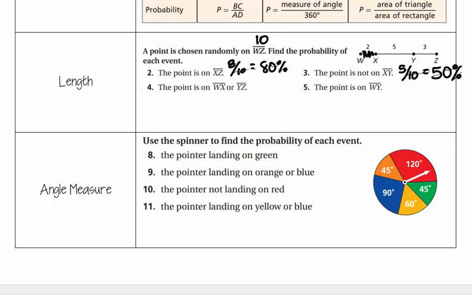WX is 2, YZ is 3. So this one's the same, 5 out of 10, or 50%. And then the last one, the point is on WY. W to Y has a total of 7 out of 10. So this is a 70% chance.